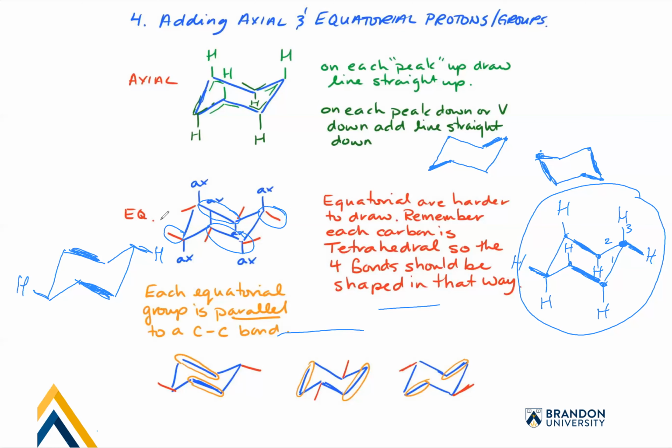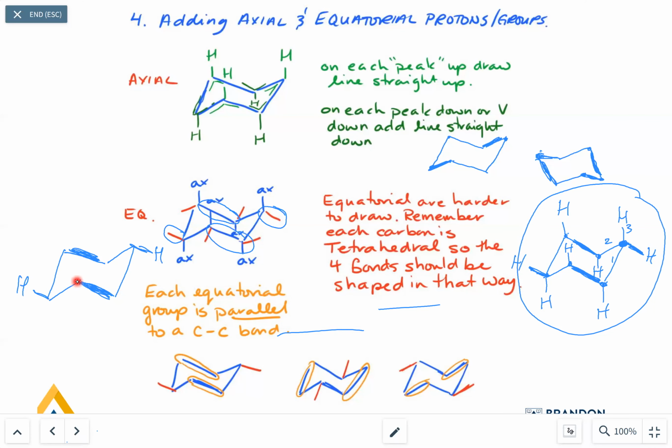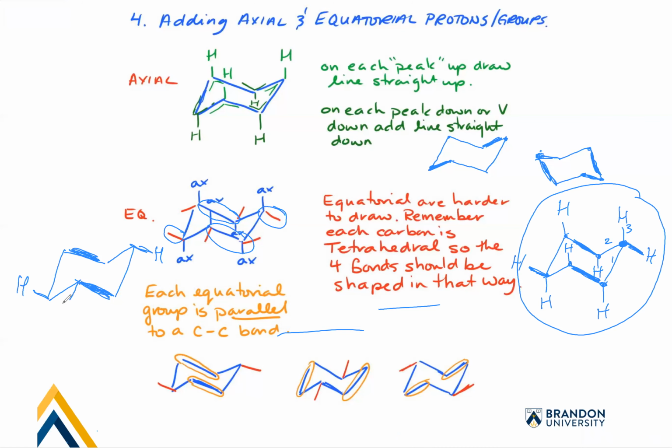The other ones are a bit more difficult. So the protons here and here are going to be parallel, like this one here is going to be parallel to that line. And it's going to be pointing down because we've already got an axial proton pointing up. So this bond here should be parallel to that line.